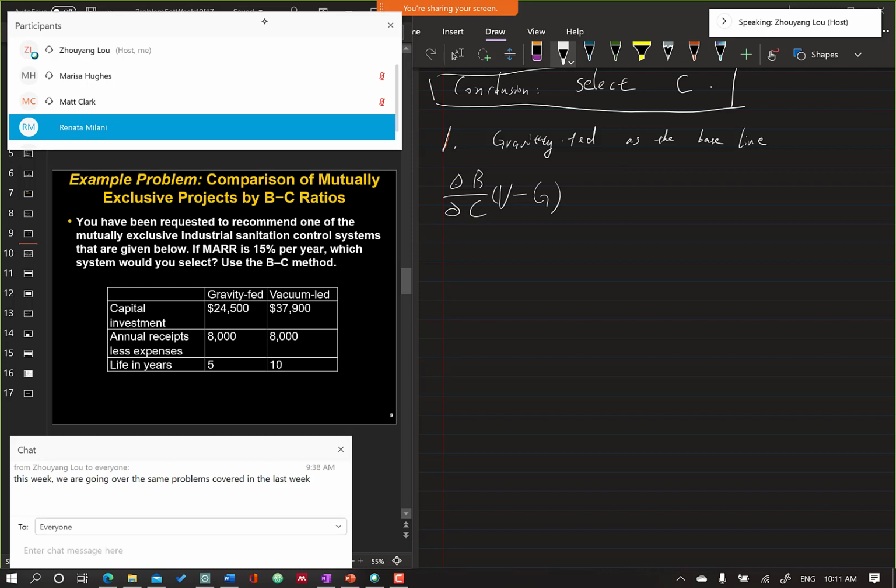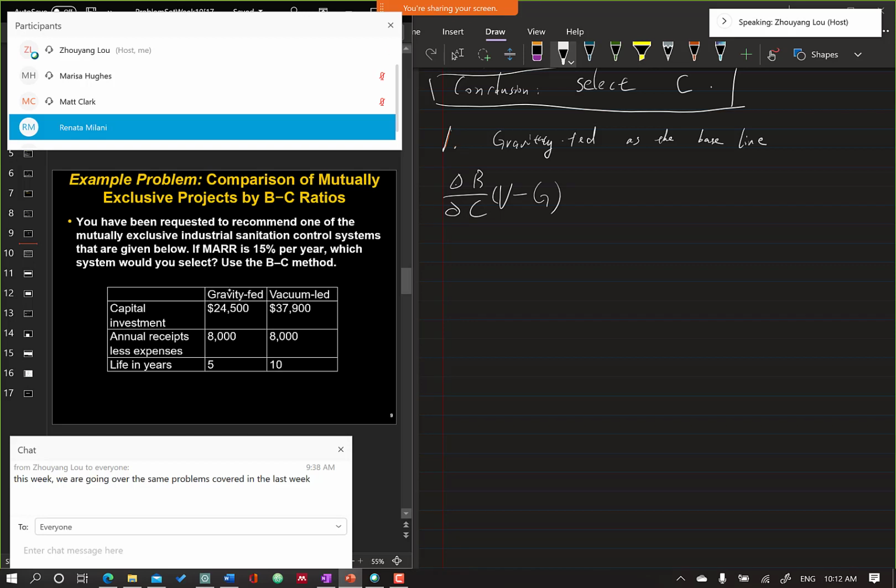As you can notice here, for these unequal project lives, we're going to just assume repeatability. So this project can be repeated for the gravity fed. So now we can compare over a 10-year horizon.